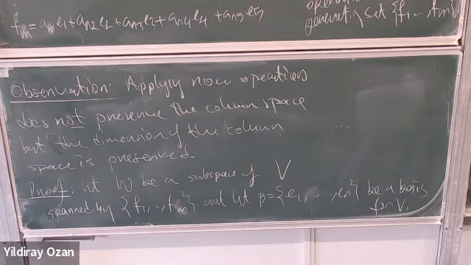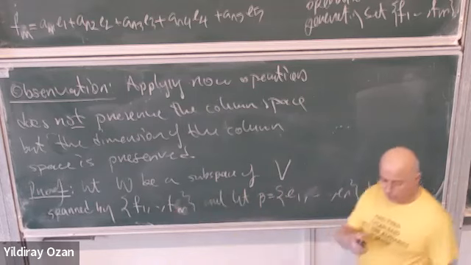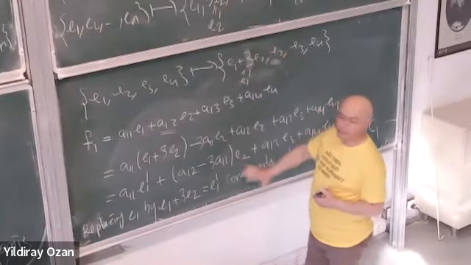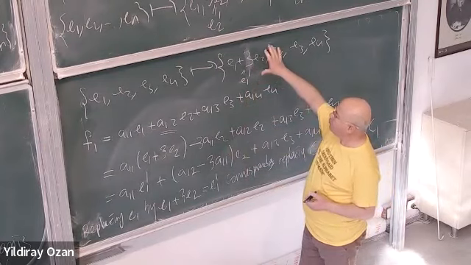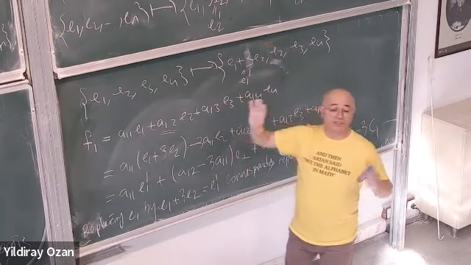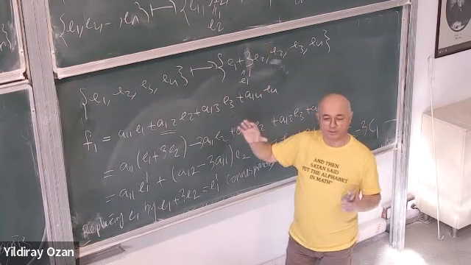Burada şunu yaptık. Bu baz elemanlarına yapılan işlemler column operation'larına denk geliyor. So operations on this basis elements corresponds to column operations. However, operations on this basis elements doesn't change dimensions at all because they are all isomorphisms.